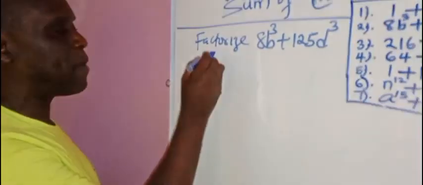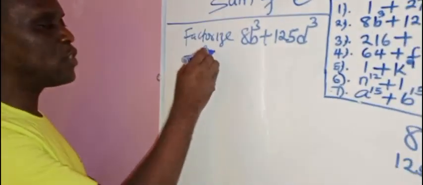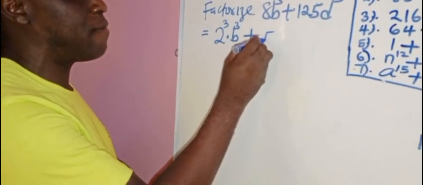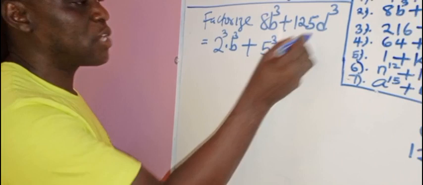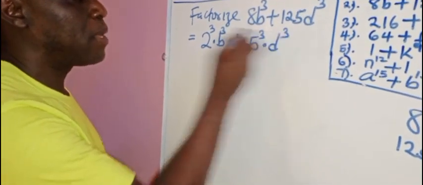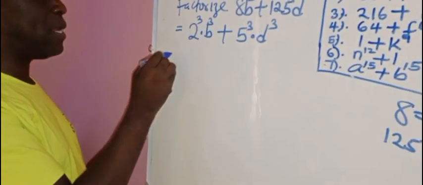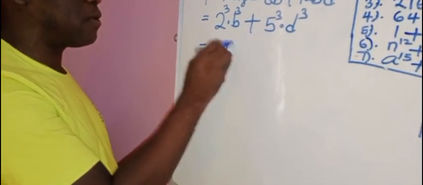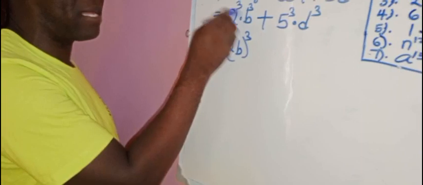So this becomes 2 raised to the power 3, dot b, this one is already raised to the power of 3, keep, plus 125 is 5 raised to the power 3, d already raised to the power of 3, keep. Now, they have a common exponent. That means I can write it as 2, I pick one 2, I pick one b, raised to the power 3. Okay, that's another way of writing this.